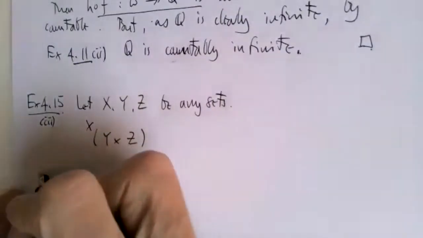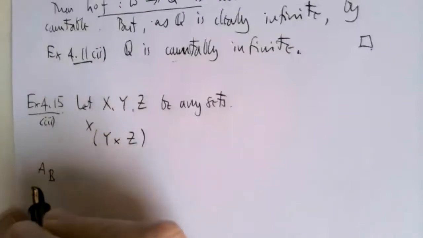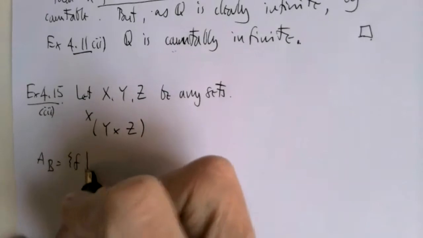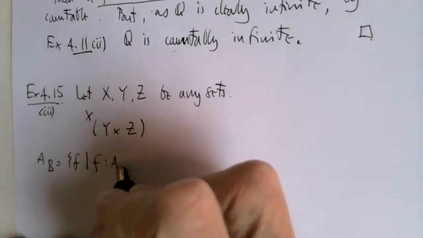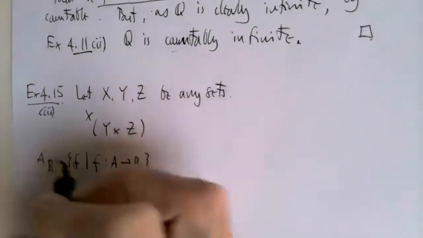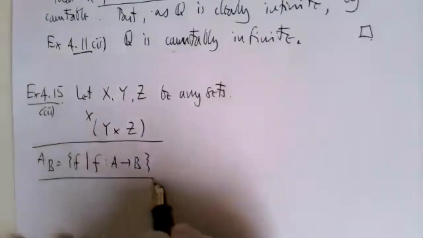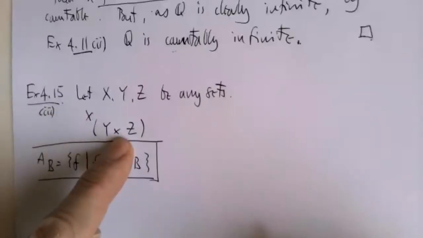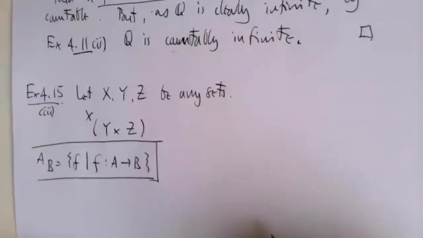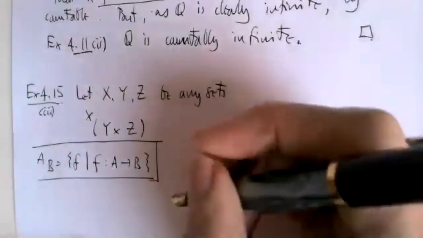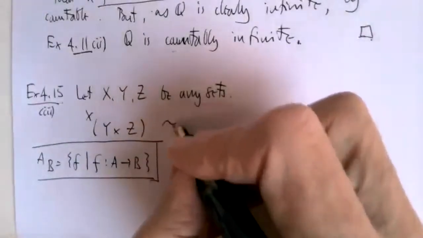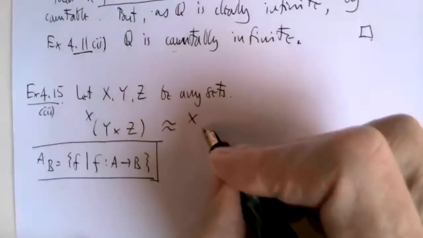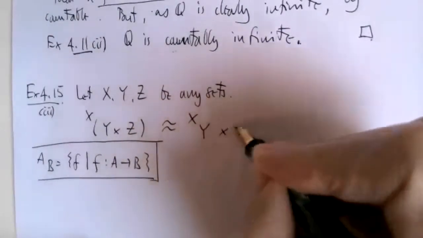So recall, B to the A is the set of functions from A into B. So this is the set of functions from X into this Cartesian product, and you're asked to show that this is bijective with the Cartesian product of two sets of functions.